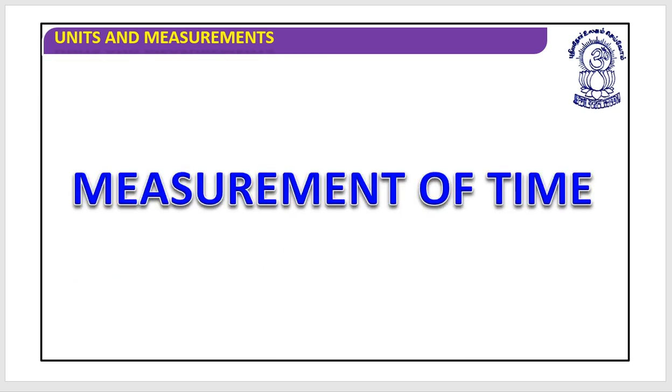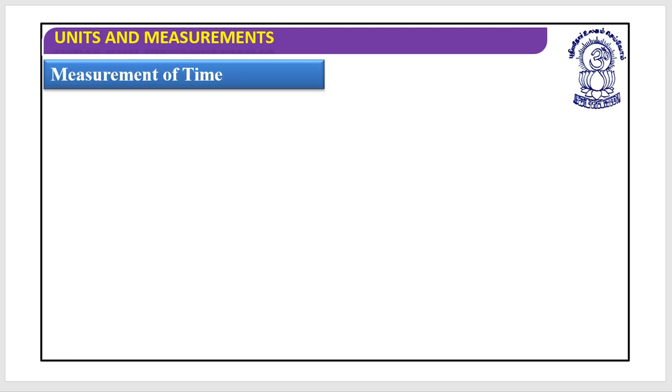Next is the measurement of time. How do we measure time? Tell me. Direct method, indirect method. Tell me which are the ways of measuring time. First, yes, it's a watch.